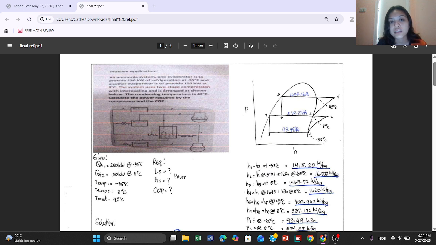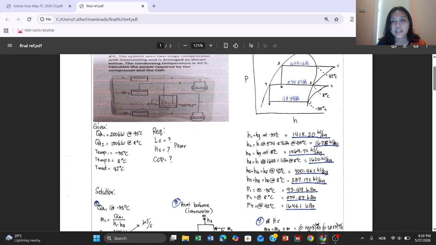Then it will enter the second compressor, or the high stage compressor, and will leave at point 4 with a condensing temperature pressure of 1645.1 kPa.